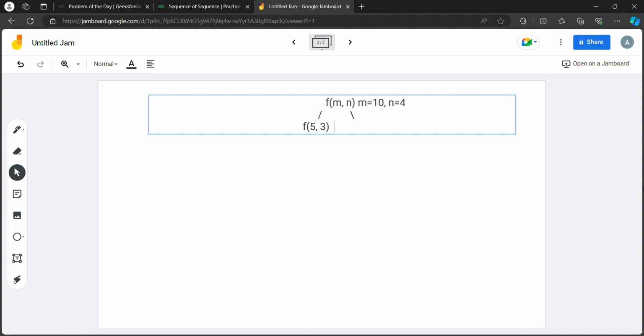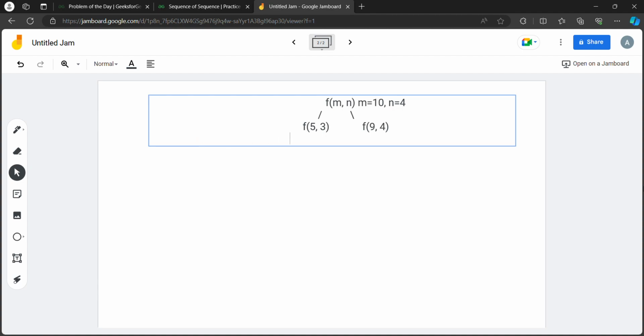And if we do not take 10 as our last element, then we need to do m minus 1, meaning 9 is our last element, and 4 is the size of the sequence.